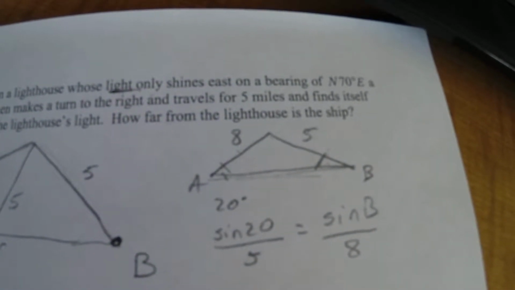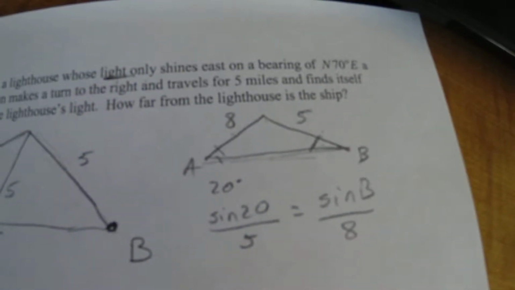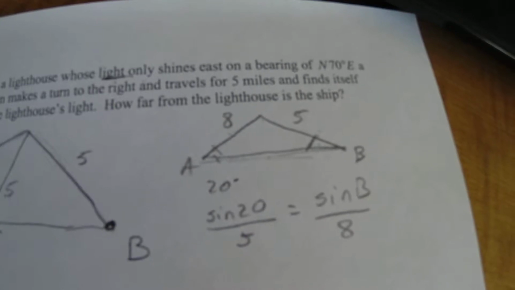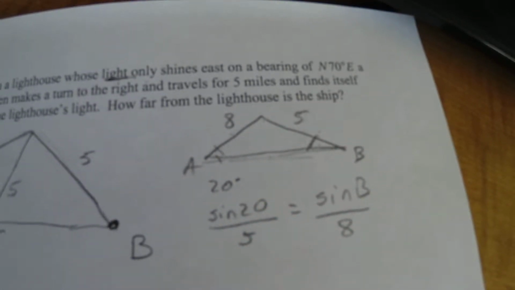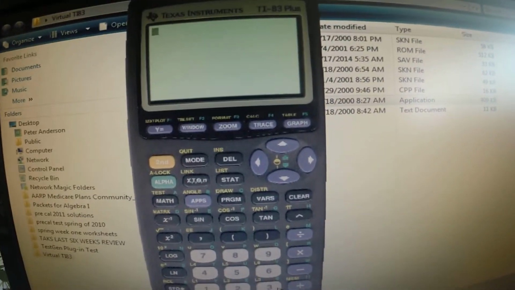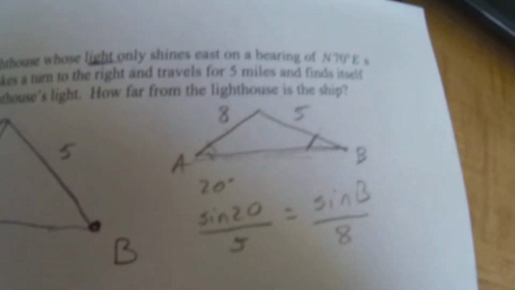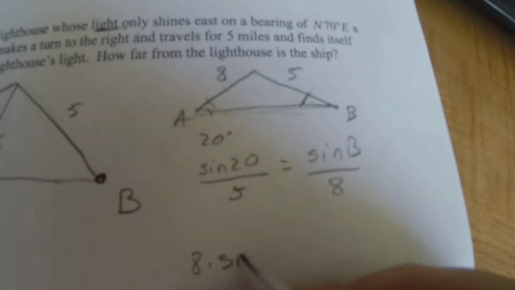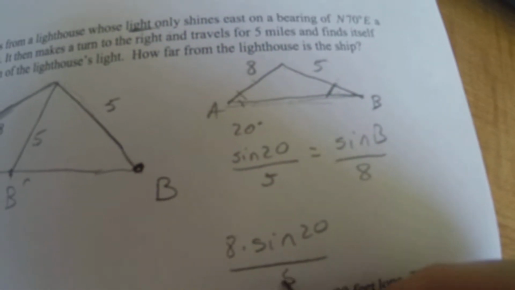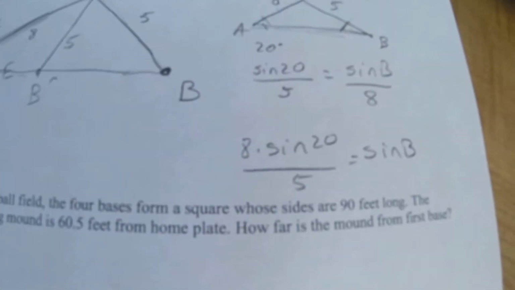I don't have a calculator hanging around here, so I'm just going to have to use my computer. Give me a sec. Alright, so here we go. Here's a graphing calculator on the computer. If I'm looking for sine B, then 8 sine 20 over 5 is sine B. So I'm going to have to solve this.